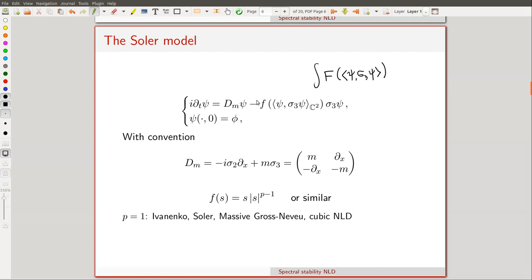So this thing describes what we can call a spinor, or a fermion, because it's described by a Dirac equation, that creates a well on its own. It modifies its own mass. It modifies the mass that it sees. And a modification of the mass locally, lowering the mass locally, is something good to confine things that are described by Dirac.